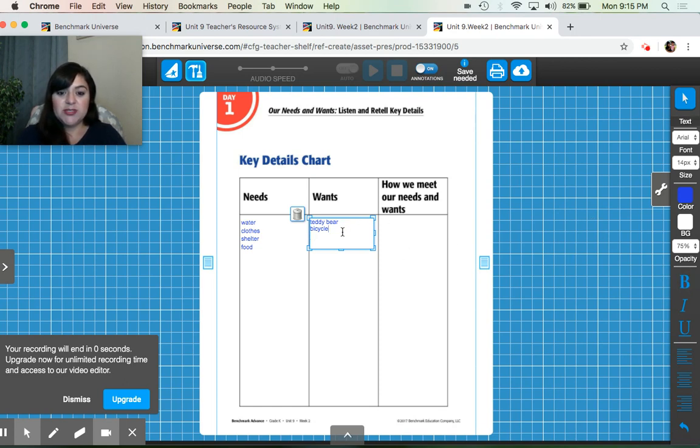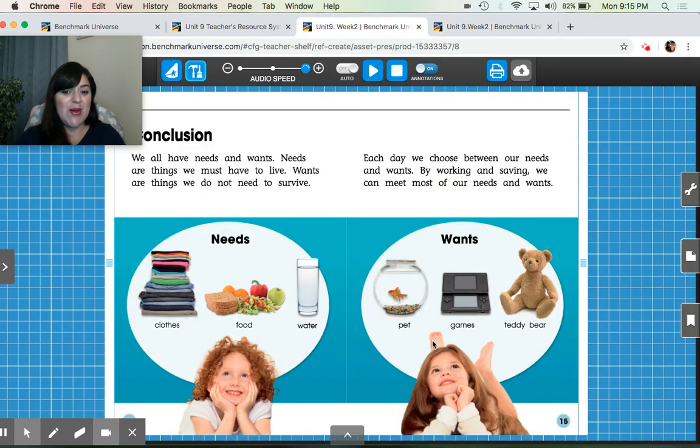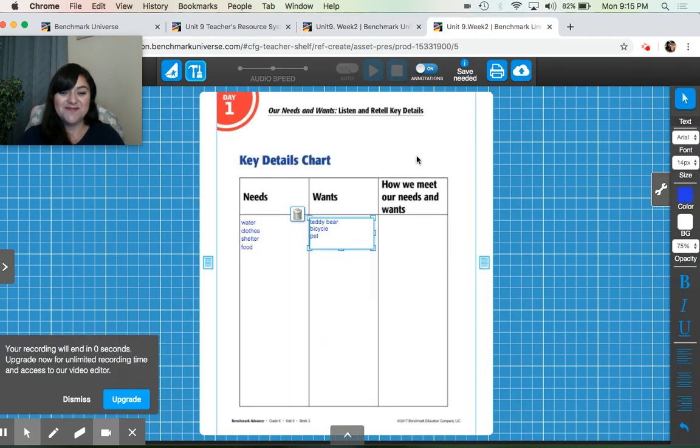What else were some wants? A pet? Great, I'm hearing a lot of great key details from the text. And if we don't remember, we can always go back to the text. Oh, a pet, some games, and a teddy bear. Teddy bear, bicycle, pet, and some games, some video games, right?